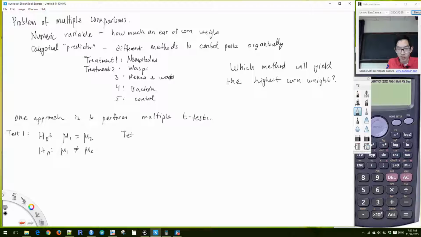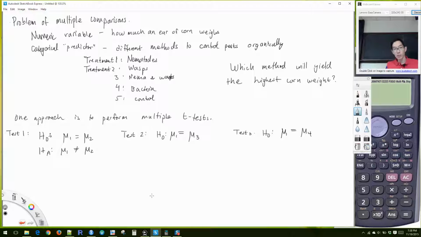Test 2 could be testing the nematodes versus group 3, so mu 1 versus mu 3, and then test 3 will have the null hypothesis group 1 versus group 4.